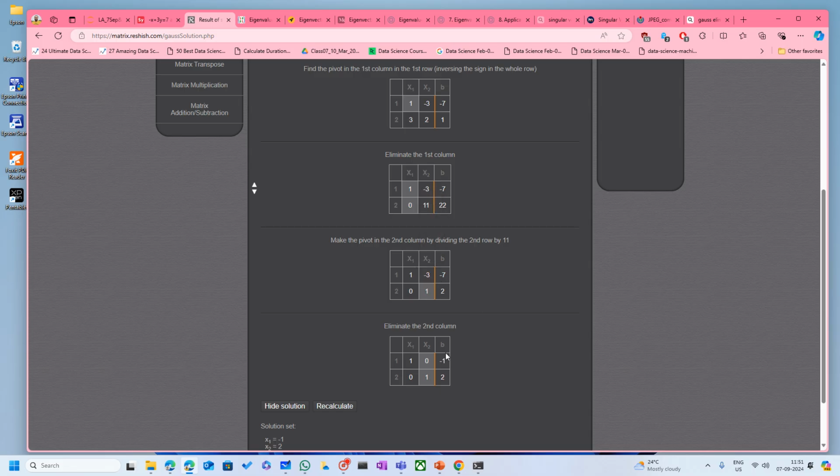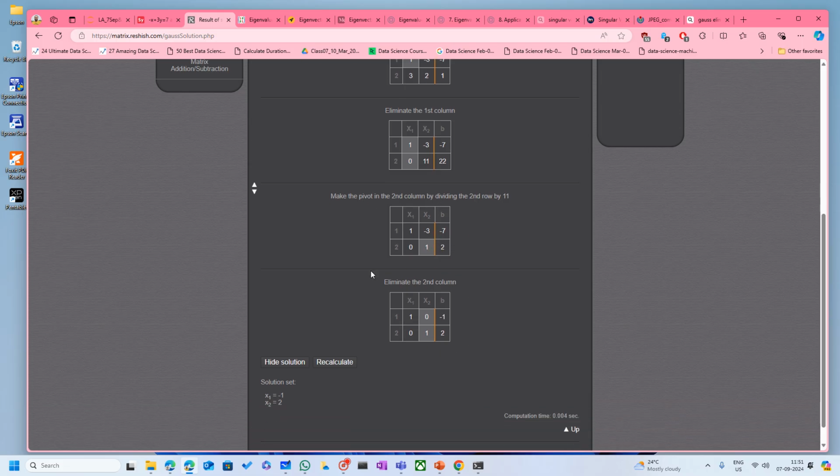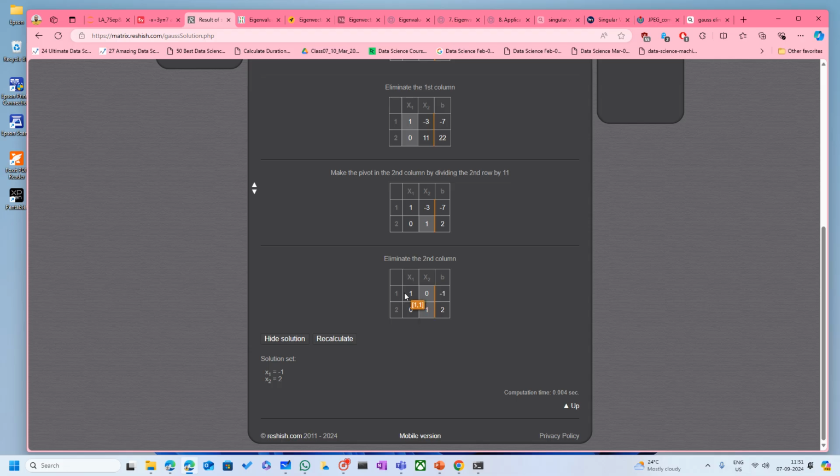Once you do that, you get x1 directly as -1 and x2 directly as 2. This is Gauss-Jordan elimination. You have to do a lot of steps in this method.